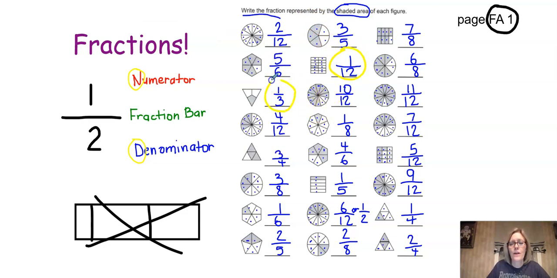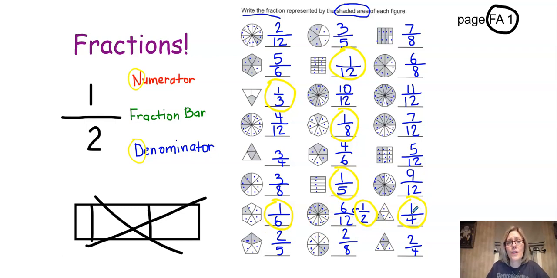That was 1/12, 1/3, 1/8, 1/5, 1/6, 1/4. Okay. Do you see any more? Oh, 1/2.